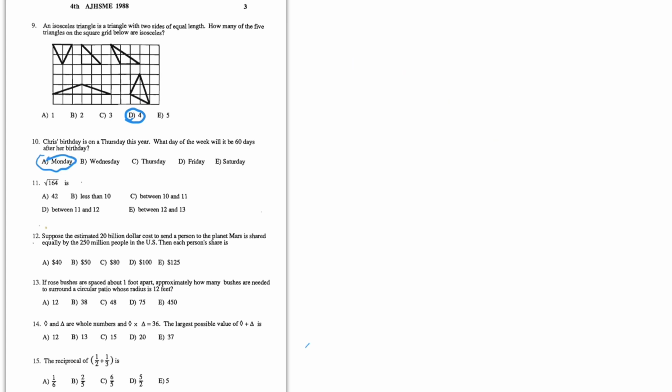Square root of 164. We know 13 squared is 169. So it is less than 13. So the answer is between 12 and 13. 12 squared is 144.